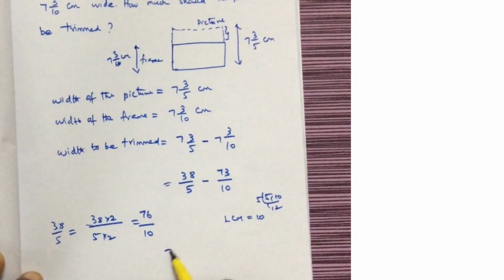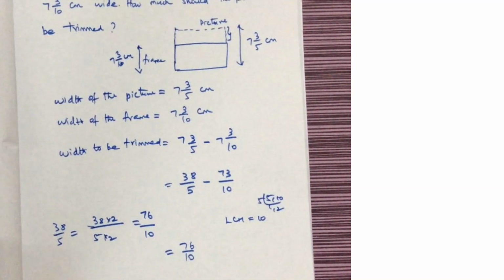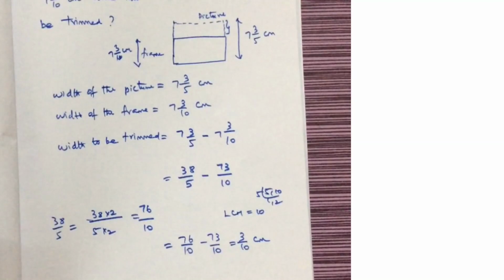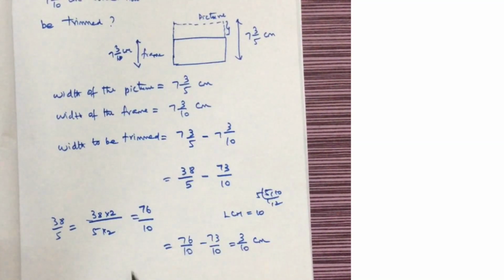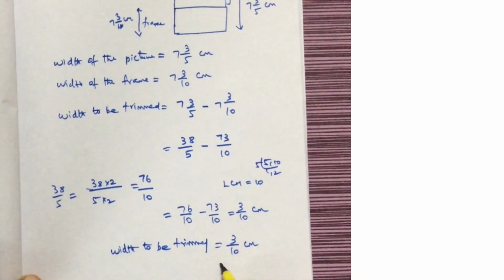So here instead of 38 by 5 I can write 76 by 10 minus 73 by 10, that is equal to 3 by 10. How much should the picture be trimmed off? The width to be trimmed is 3 by 10 centimeter.